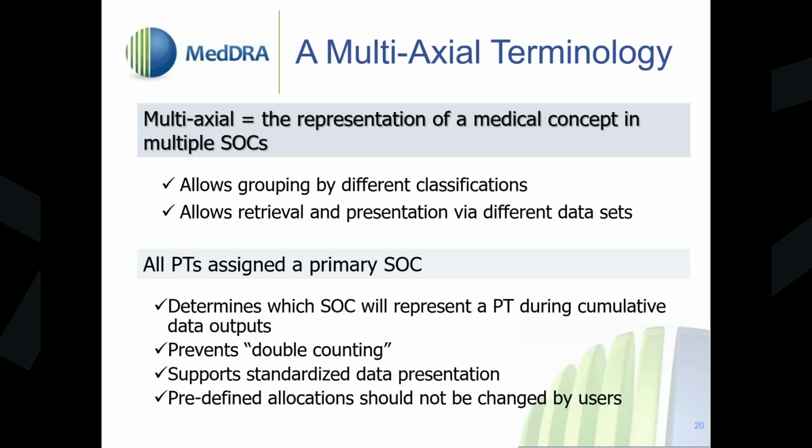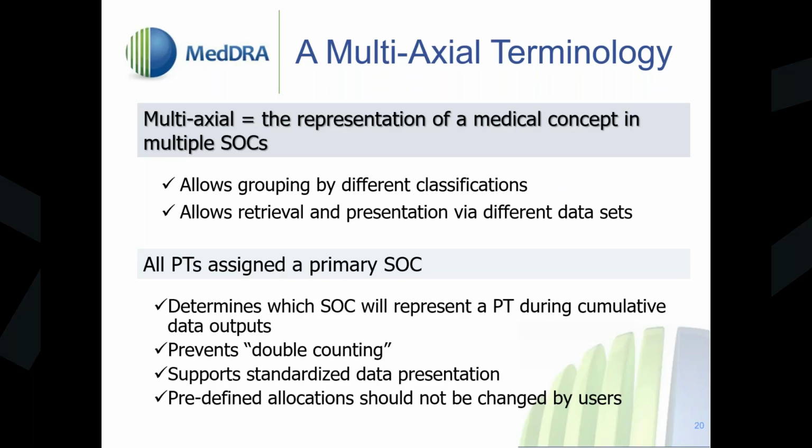It prevents the double counting, and we always tell folks, please never ever change the primary system organ class allocation. If you change it in any way, like if you figure out a way to actually change the primary system organ class allocation, you're no longer using MedDRA as an international global standard. You made a change to it. That is not a standard change. So just please bear that in mind.